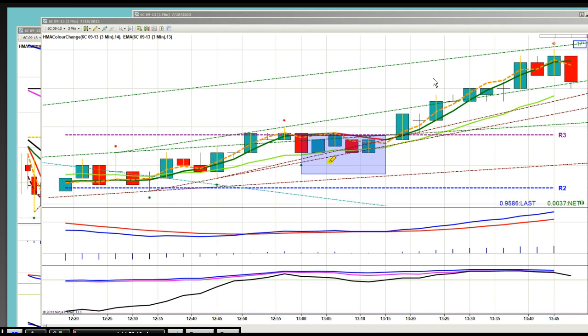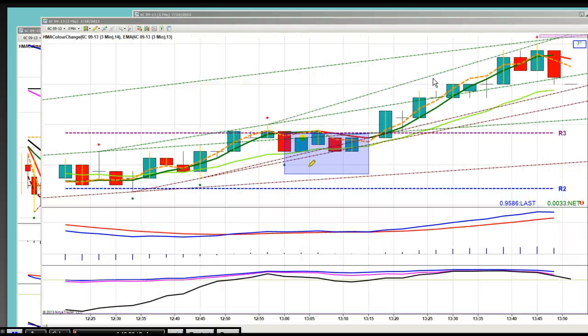So if you're trying to go long and you see that your candle is going into the Linreg 9 and most of the body hasn't cleared through the other side, then you are not ready to trade. You're only ready to trade when you see that most of the body is cleared through to the other side. Then you're ready to trade. You are not ready to trade if it hasn't cleared. Is that clear?